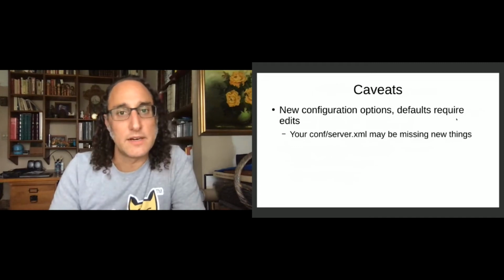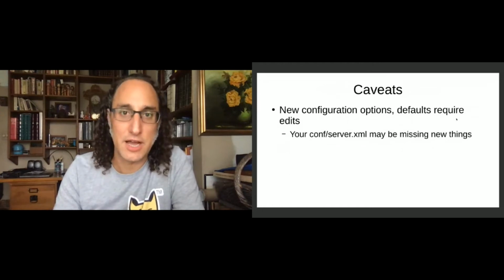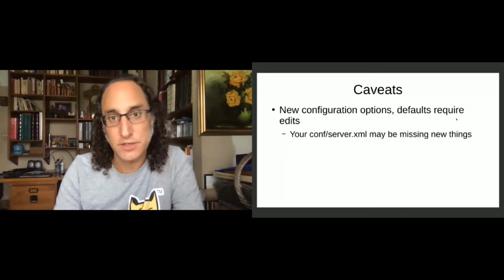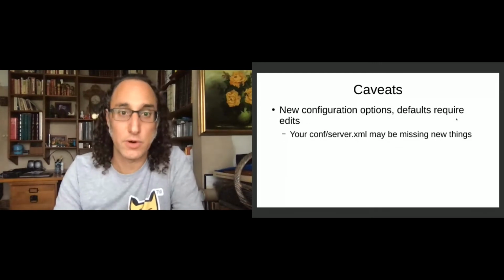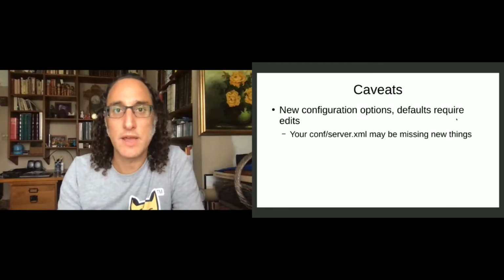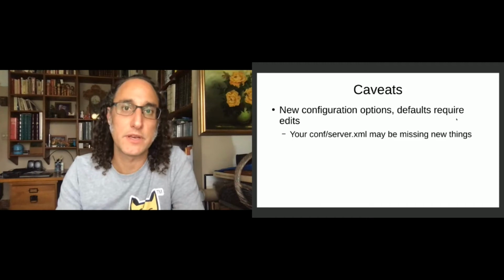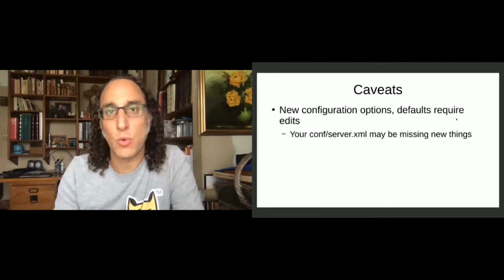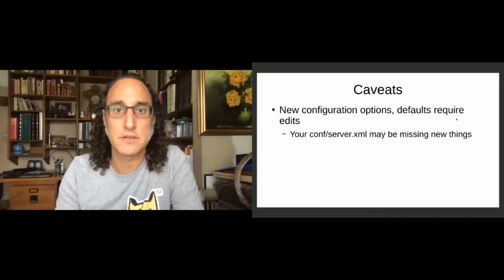Another thing is that new configuration options are sometimes added. And if Tomcat adds a new configuration option that you would like to use, you will need to add that to your configuration. A very good example would be earlier this year, we had a security vulnerability through the AJP connector, and that required us to make some changes to the configuration to make it default to a safe config.